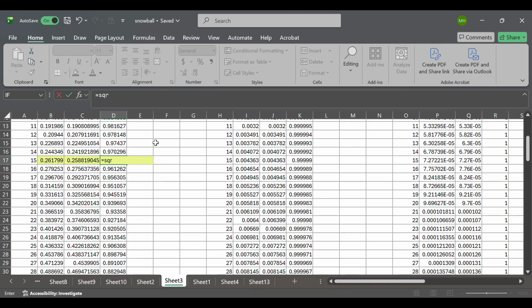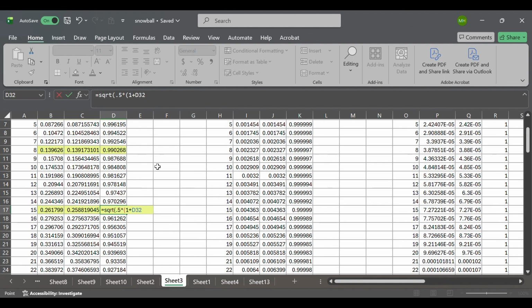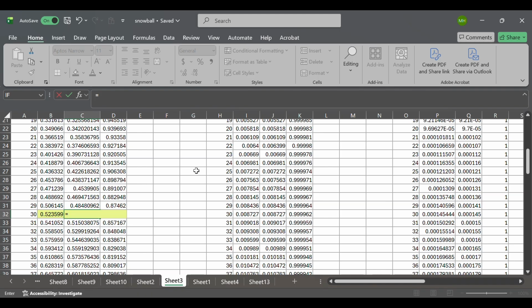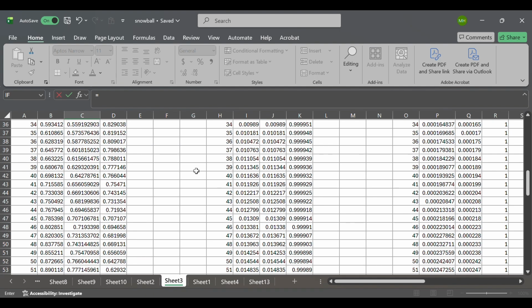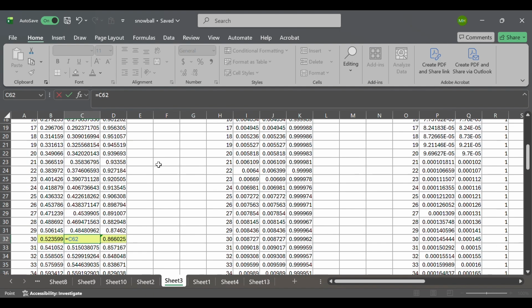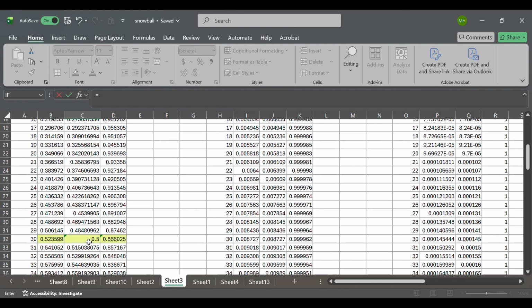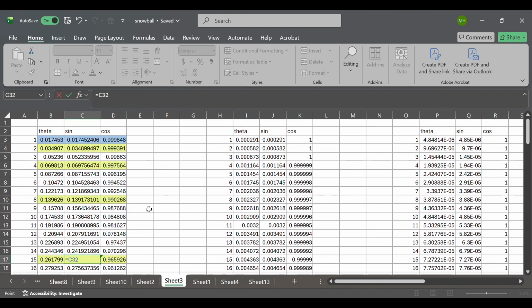Likewise, for 15, we'll do square root of 1/2 times 1 plus cosine of 30. Okay, for the sine, we do sine of 60 divided by 2 times cosine of 30. Likewise, for 15, we do sine of 30 divided by 2 times cosine of 15.